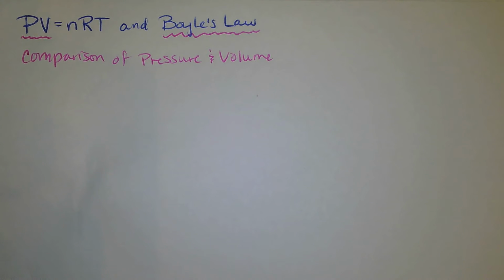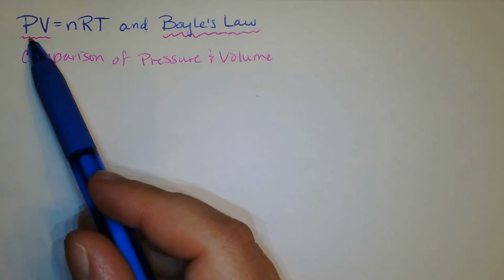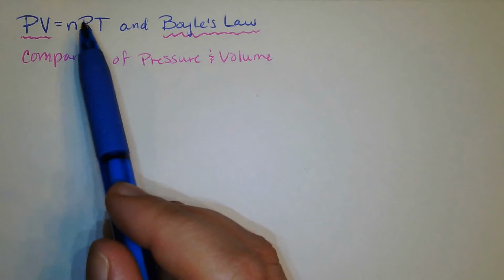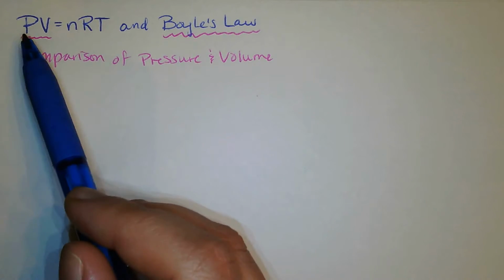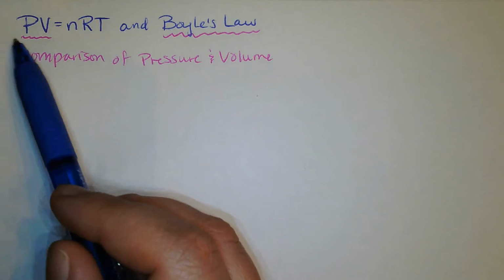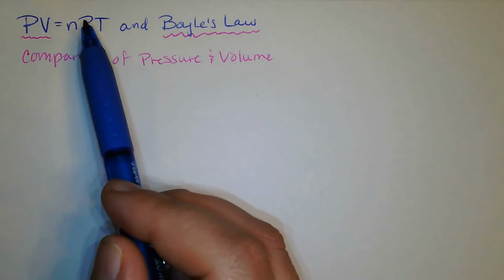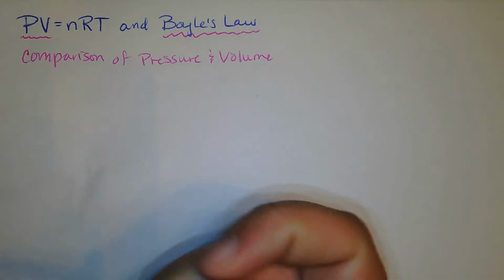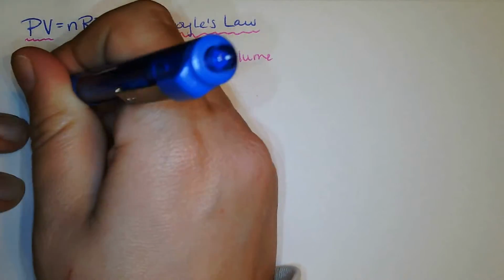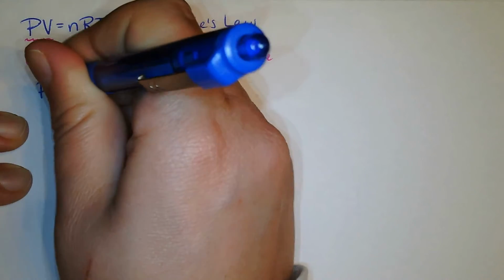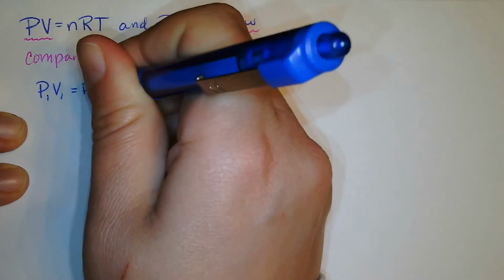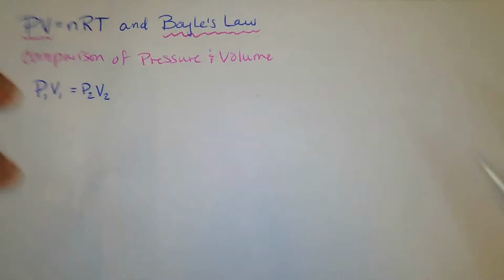So we can create Boyle's law. Once you separate them and move the other stuff to the other side, since this stuff's not going to change and only these are going to change, this is what we're going to compare. This is what we're putting on one side, and the stuff that doesn't change goes on the other side. So Boyle's law actually says P1 V1 is equal to P2 V2.